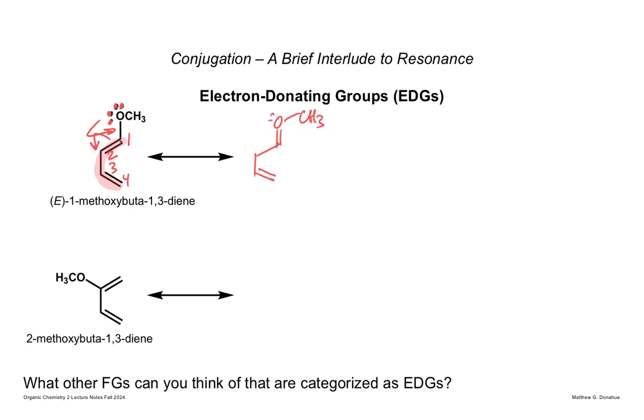So now oxygen is in a different bonding pattern than its normal two bonds, two lone pairs of electrons, so it's going to have a formal plus charge. Carbon 2 is going to have that lone pair that was on oxygen.